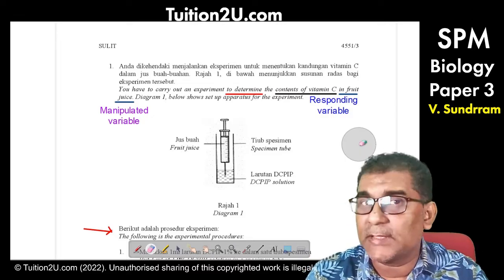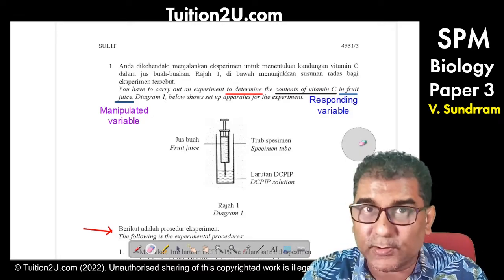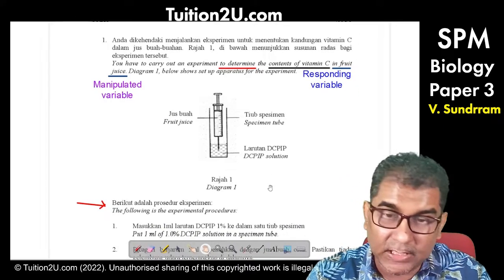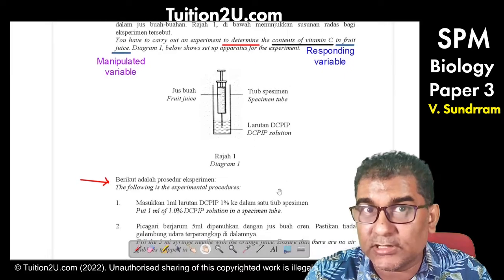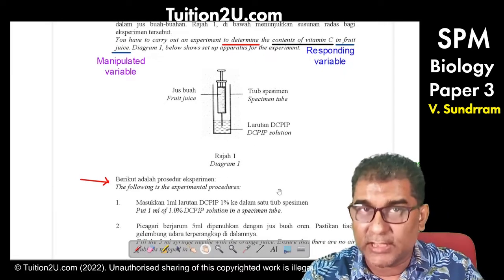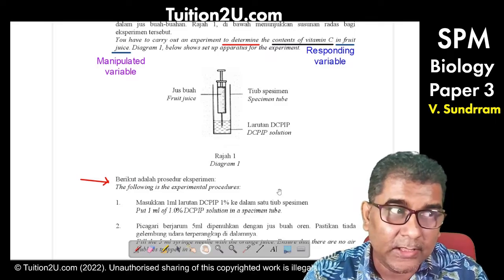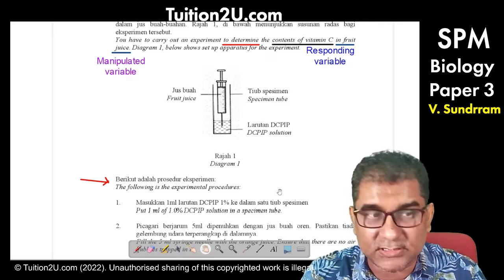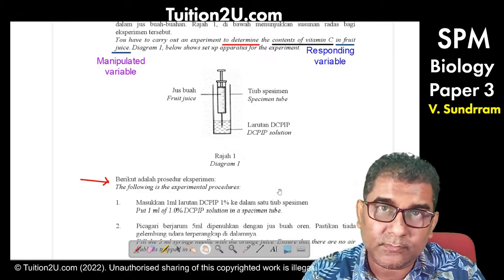So far, we know what is manipulated. We know what is the responding variable. Let's continue with the procedure. The procedure is important because, yes, you need to follow the procedure to get your experiment result. But at the same time, in this procedure, there is a lot of information that you need to take out.